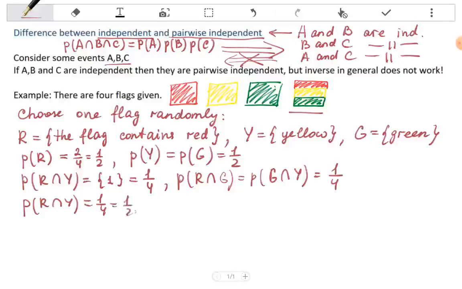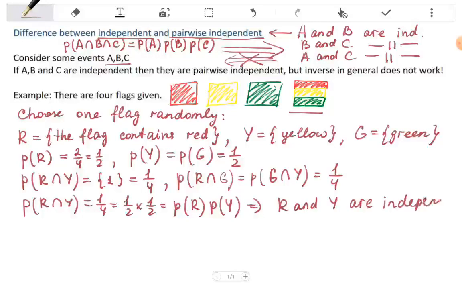This is 1/2 times 1/2, so this is the product of probabilities. So R and yellow are independent events. So this pair is a pair of independent events.